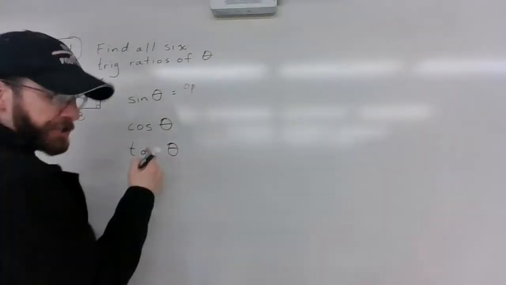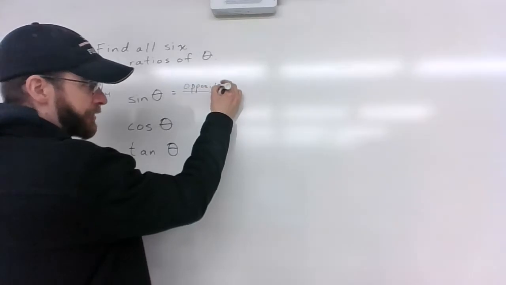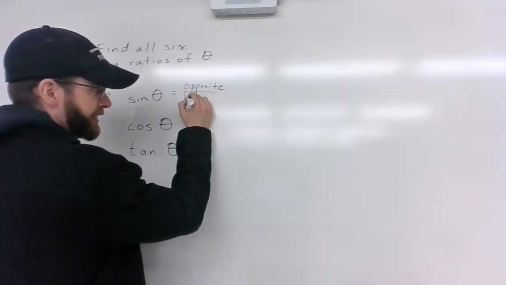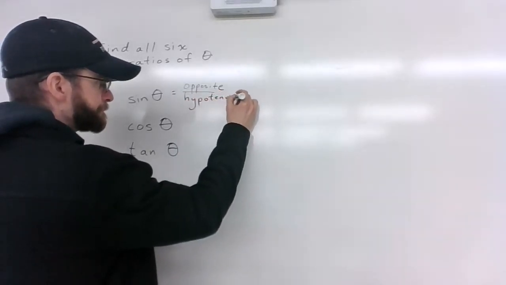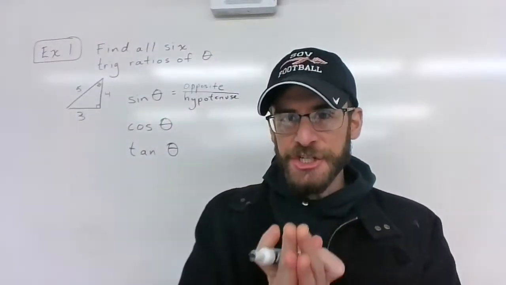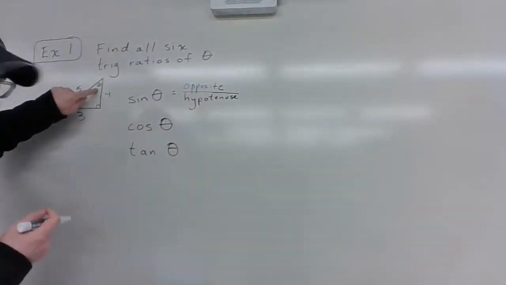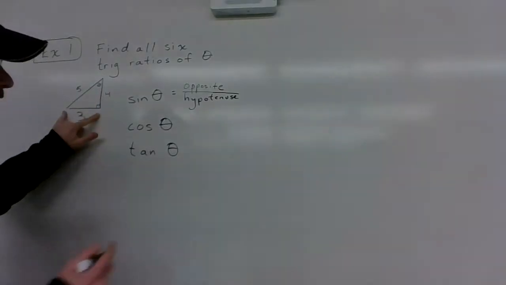So the sine of theta represents the ratio or the fraction of the opposite side length over the hypotenuse of the right triangle. So when you think about this, everything is determined in relation to theta. When theta is in the upper right-hand corner here, opposite theta is now this side, 3.